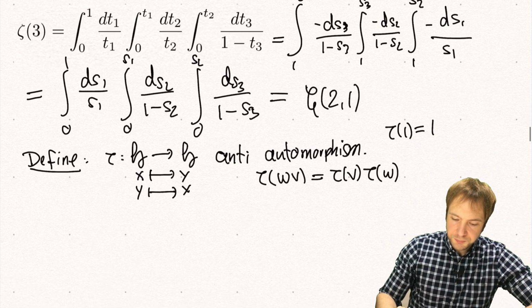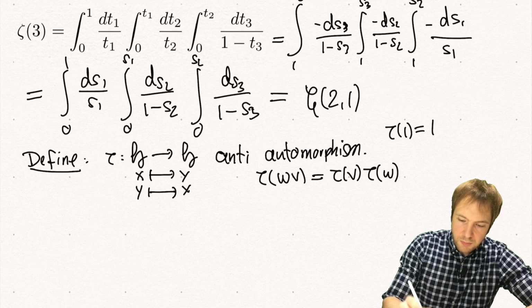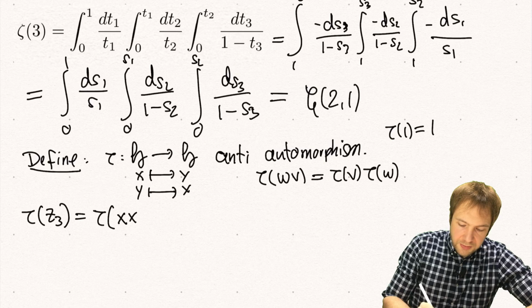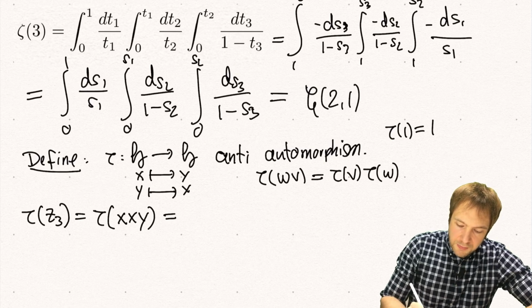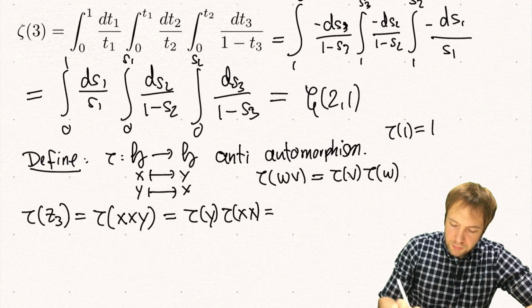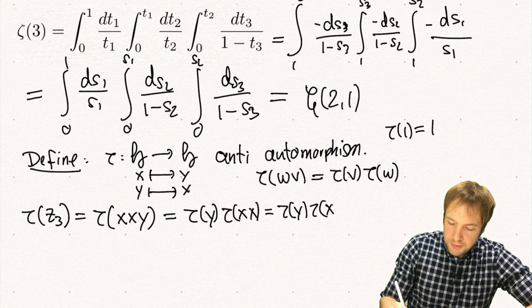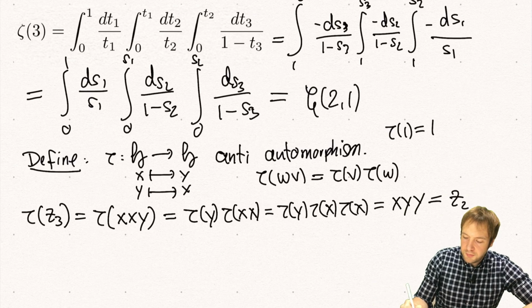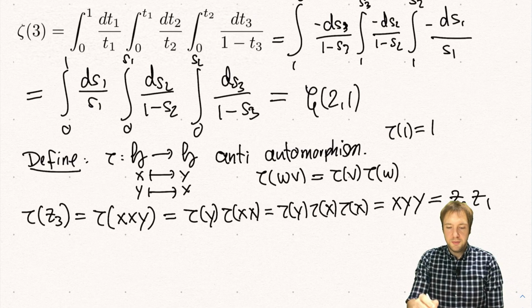So for example, tau of Z3 is tau of xxy, and this should be tau of y, tau x, tau x, so tau y, tau x, tau x, and this is just xyy, which is Z2, Z1.